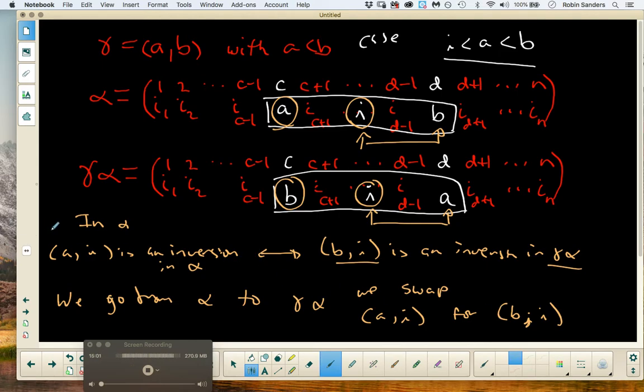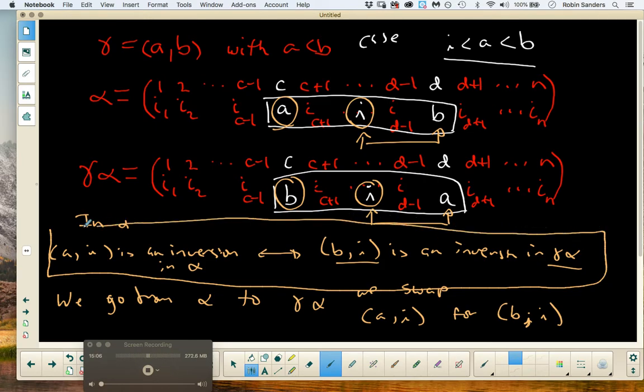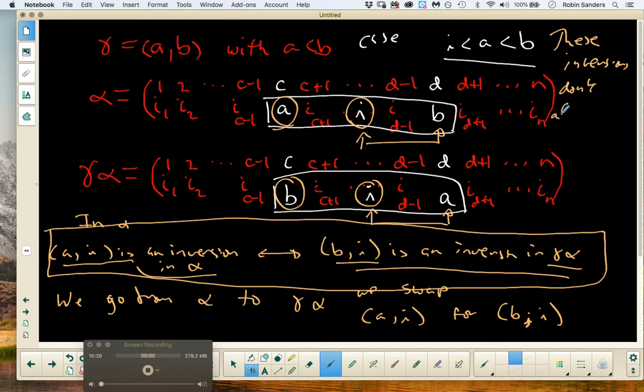In other words, there's a one-to-one correspondence between these inversions over here in alpha and these inversions over there in beta. So in essence, these inversions don't affect the parity when we go from alpha to first do alpha, then do gamma.